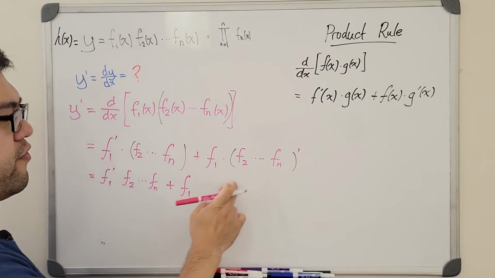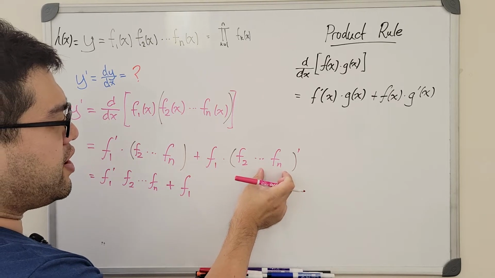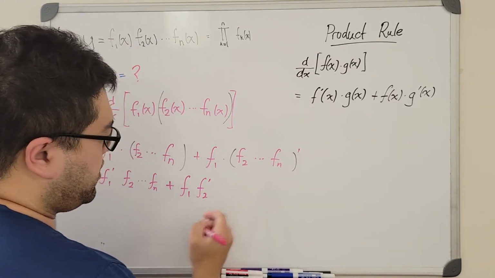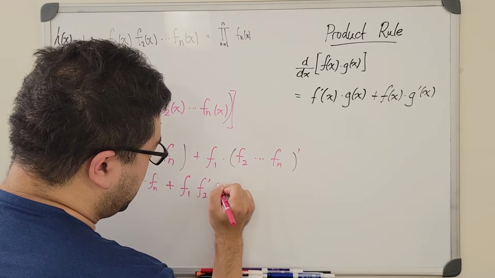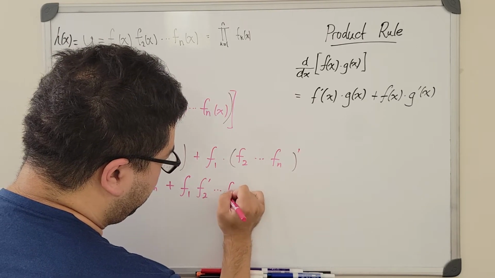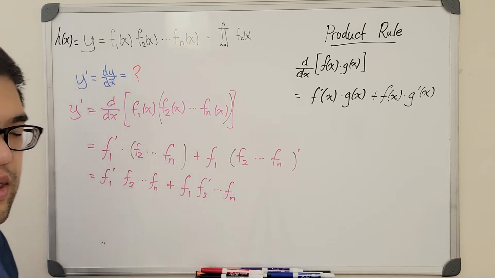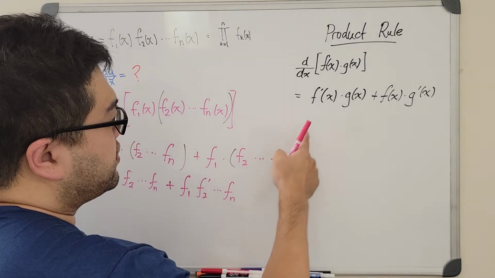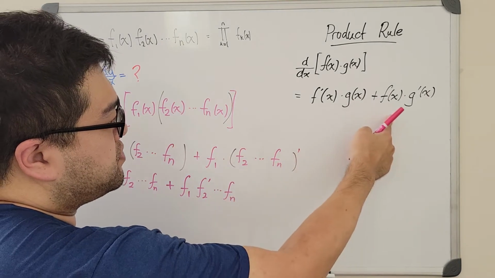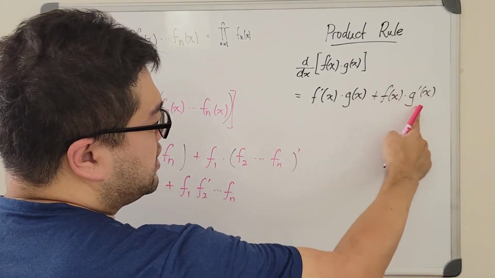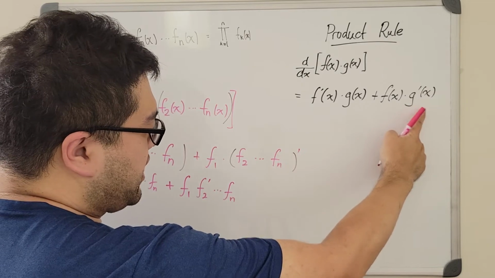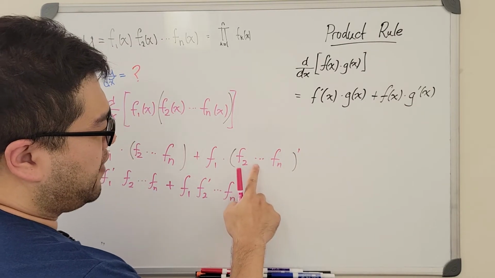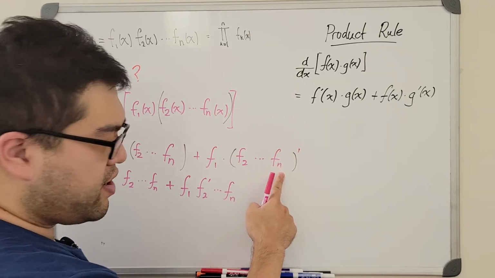Again we take the first term, separate it from the rest, and then if we apply the product rule, we get the derivative of f3 times all the way to fn.